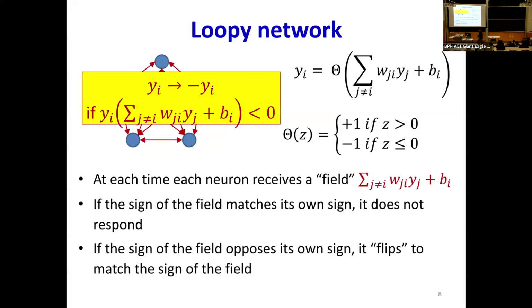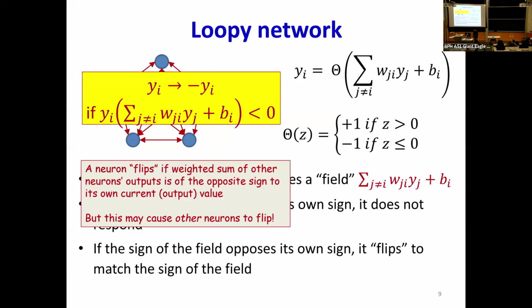Now, how would this behave? A neuron flips if the weighted sum of other neurons' outputs is of the opposite sign to its own current output value. But when this happens, by flipping its own output, this may cause other neurons to flip.